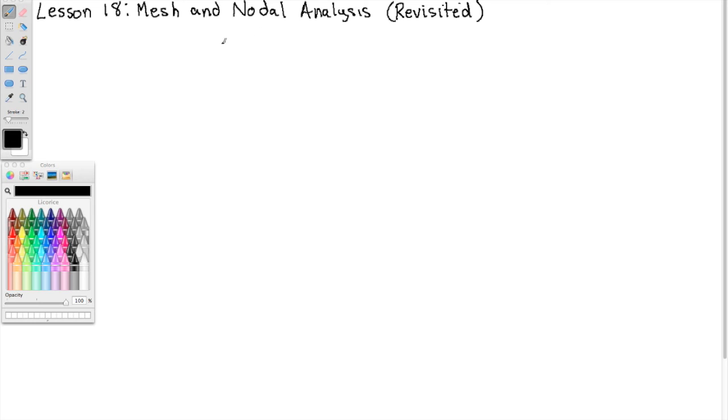So the best way to learn mesh and nodal analysis for AC circuits is simply to go through an example. So let's take an example, and this first one is going to be mesh analysis.